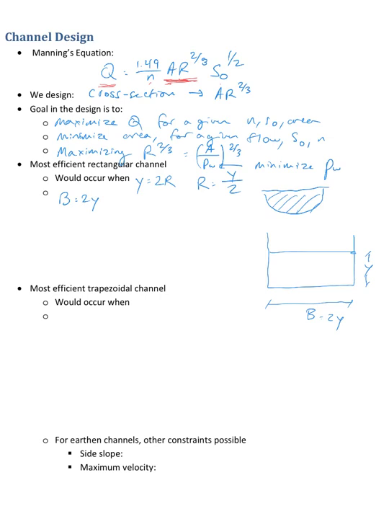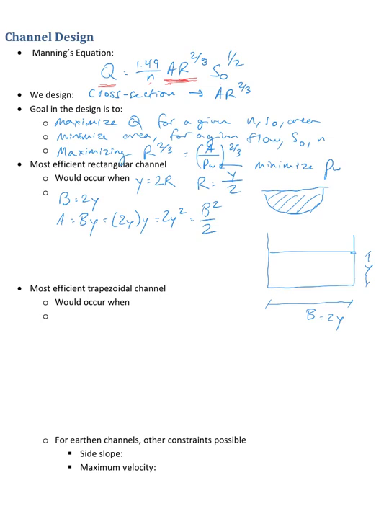So when you set b equal to 2y, the cross-sectional area becomes b times y, which b is 2y, so we get 2y times y, and that would be equal to 2y squared, which is the same as b squared over 2, because b is 2y, so you put a 2y up here for b, and you get 4y squared over 2, or 2y squared.